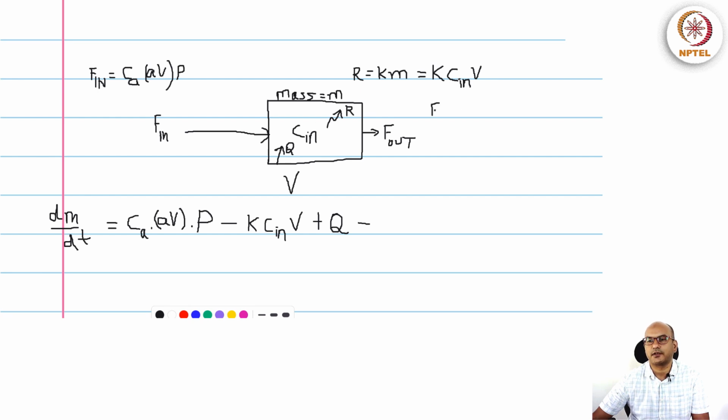So volume of air that is going out would be A times V, and the concentration in that air will be C in.